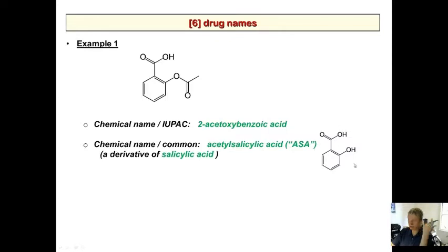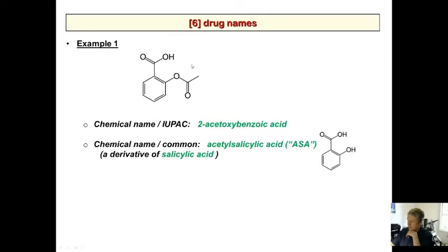Salicylic acid is also used for some pharmaceutical purposes, not as an NSAID like this, but I think maybe in anti-wart cream or some anti-wart medicines. Acetyl salicylic acid: what does acetyl mean? It means you have an acetyl group, and the acetyl group is on this oxygen.